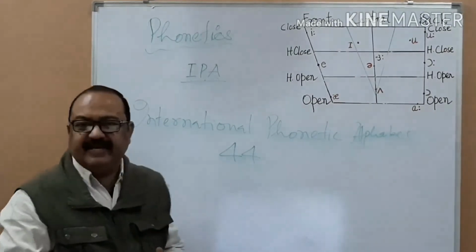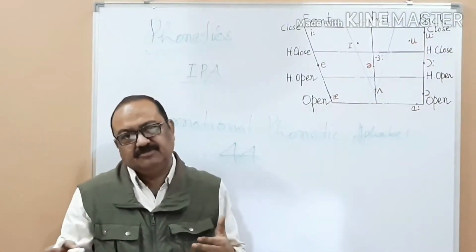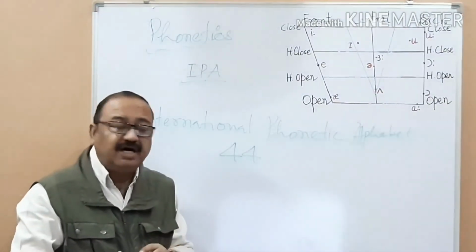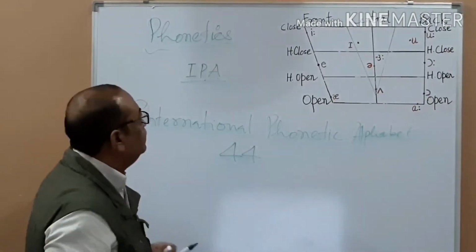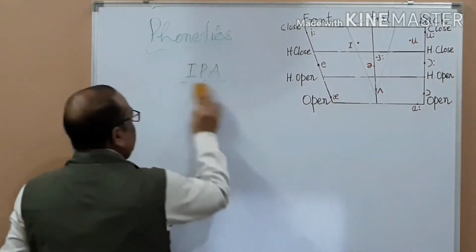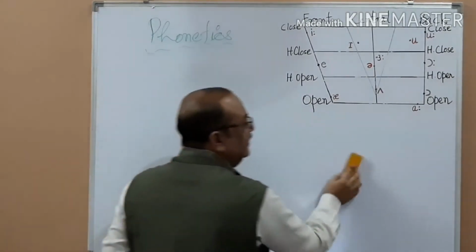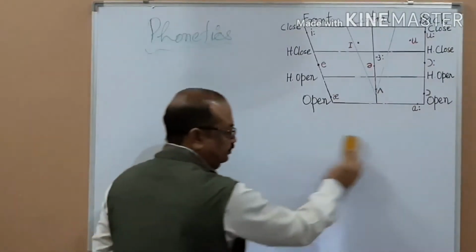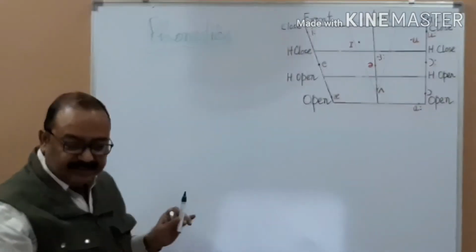Sometimes in the exam you have a three-term description of these symbols. Suppose you are asked, for example, if you don't understand anything, please do not hesitate to ask, because this is like mathematics.